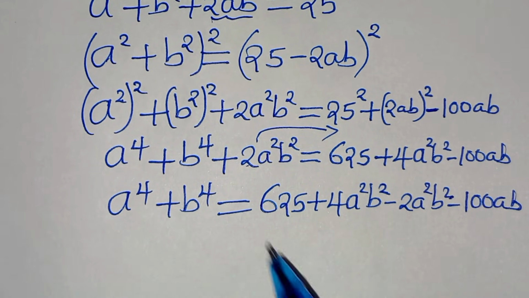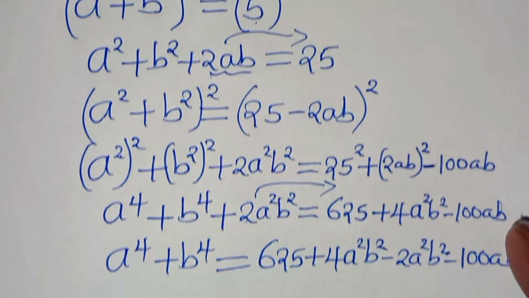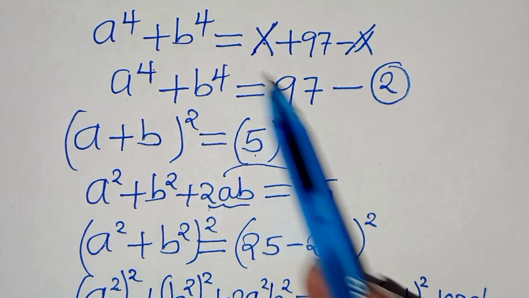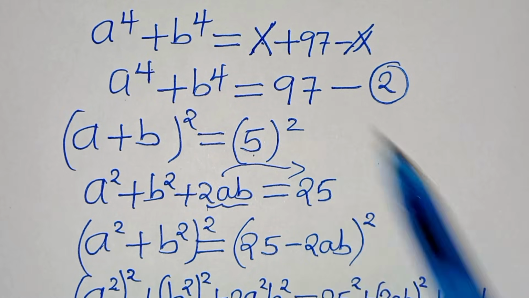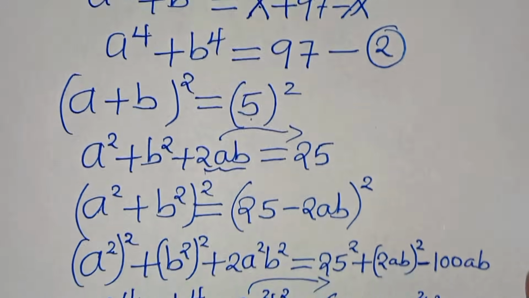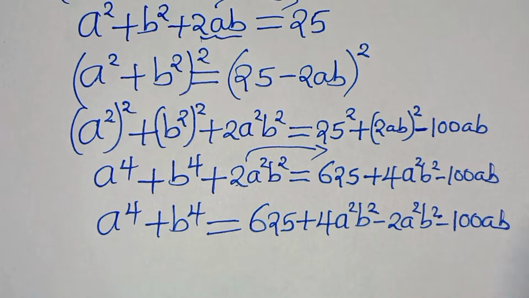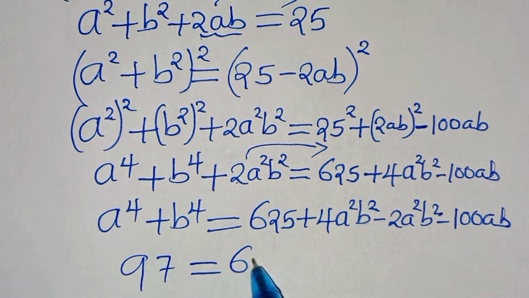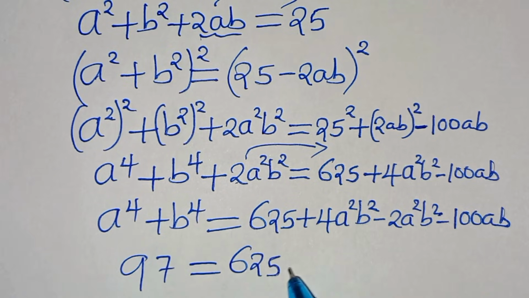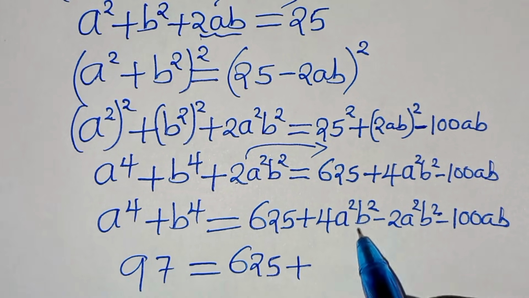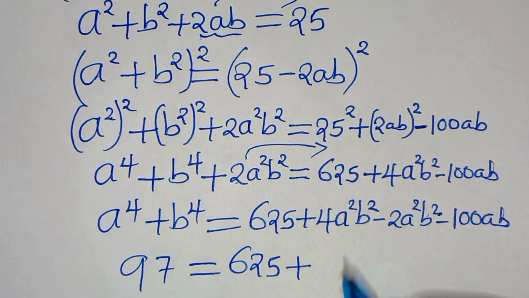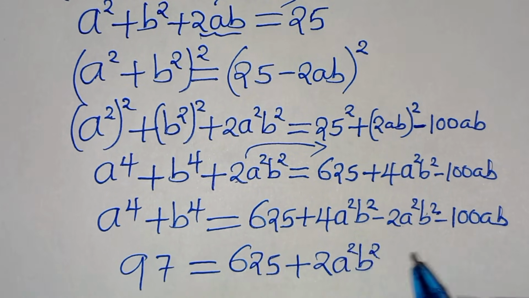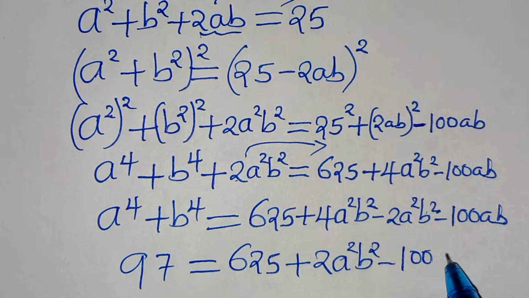Now, from equation 2, we have that a to the power of 4 plus b to the power of 4 is equal to 97. So let's substitute 97 here, so that we have 97 equal to 625, then plus 4a squared b squared minus 2a squared b squared, this is plus 2a squared b squared, then minus 100ab.